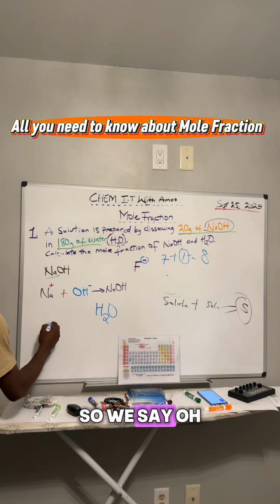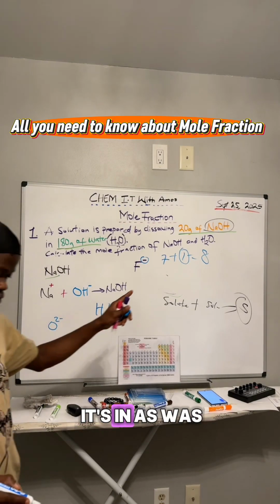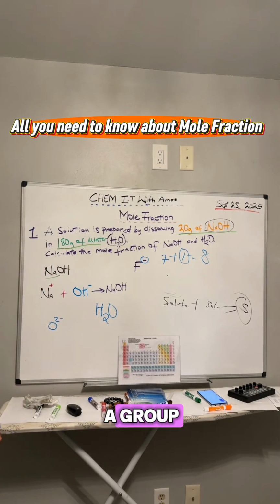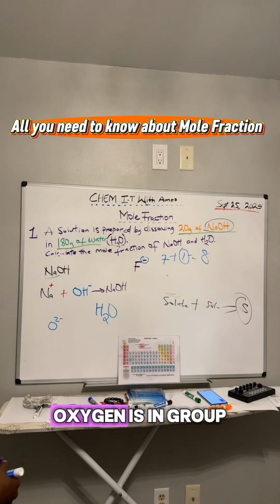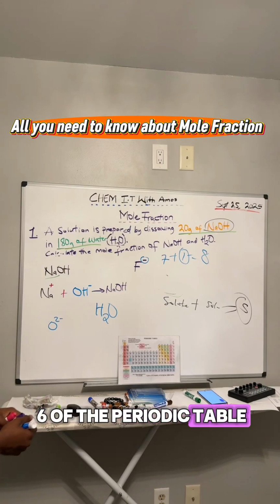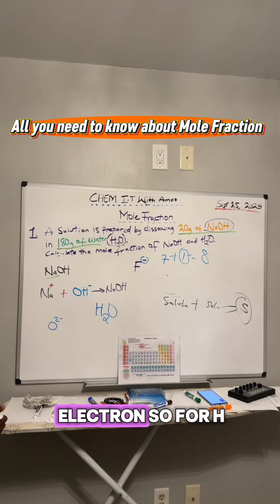So we say it's -2, because oxygen is in group 6 of the periodic table and can accept 2 more to make it 8. So it becomes negative. It wants to gain electrons.